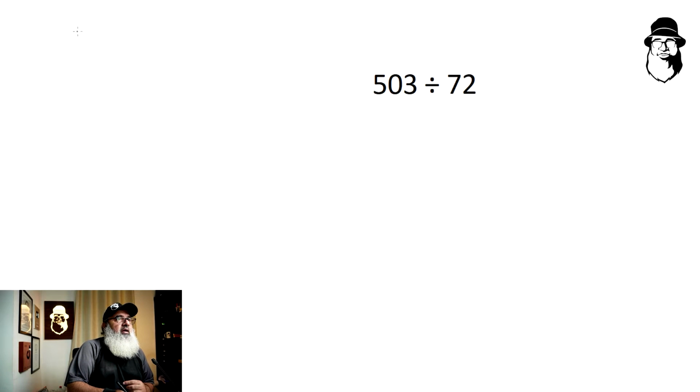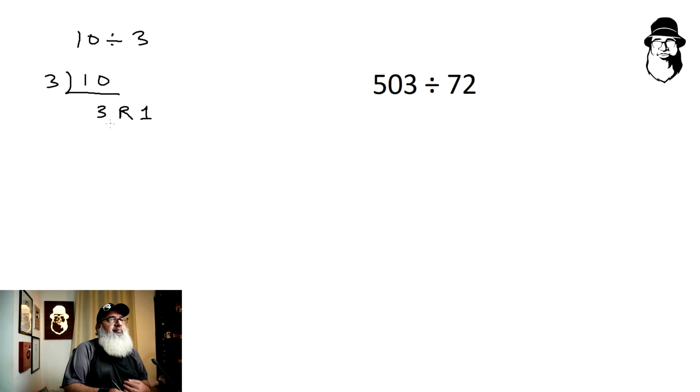If we divide 10 by 3, we can directly see that it's equal to 3 remainder 1, right? But what if we see the other possibilities? 10 divided by 3 can be 3 times 2 is 6 and we have remainder 4.